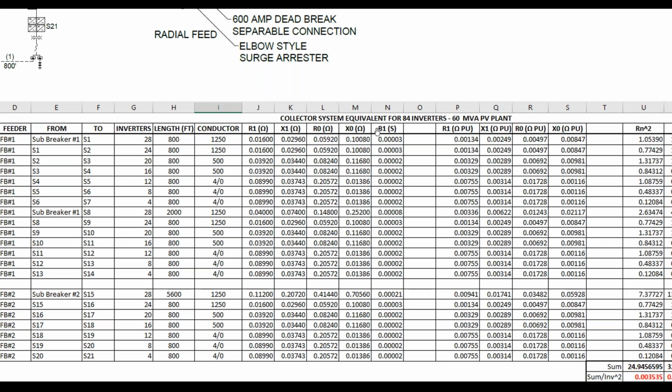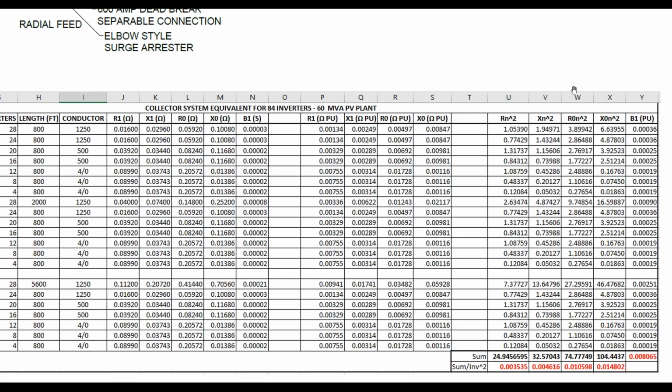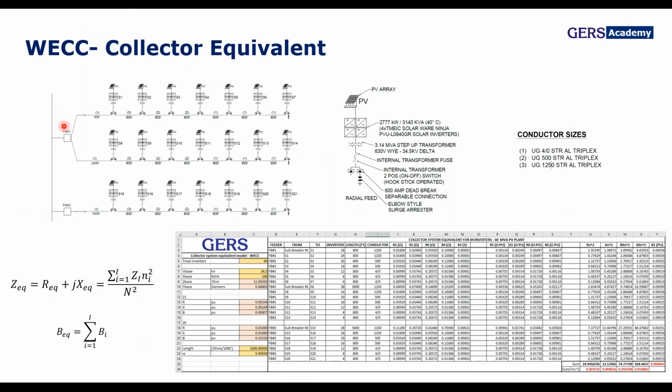Well, in this case you won't have them because you won't require them during the steady state and transient analysis. And finally, you just follow the recommendation and methodology from NREL and calculate the values. Basically they respond to the square of the number of inverters and the resistance and reactance. And at the end, you sum up everything that is interconnected to the main feeder, so you can calculate the real value for that collector system.